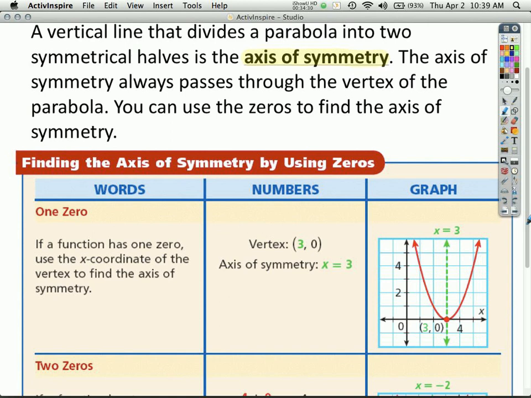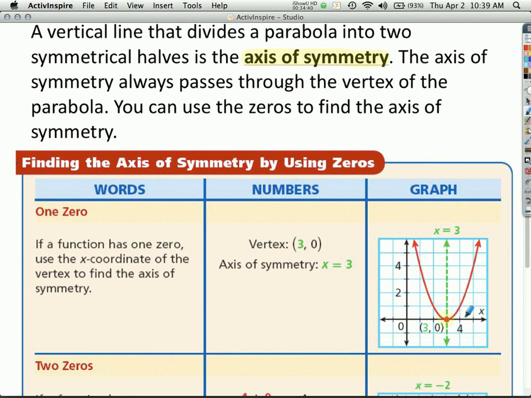If we have a function that has 1 zero, that means that the graph of it touches the x-axis at one point and that's it. Which means we already know where the vertex is. So all we have to do to get the axis of symmetry is draw a perfectly vertical straight line straight through that point. And that's what you see illustrated right here.